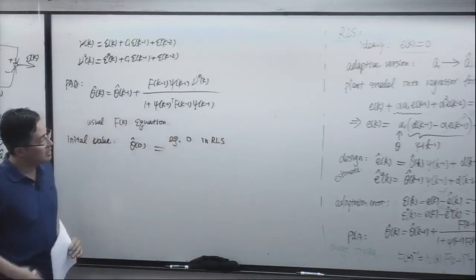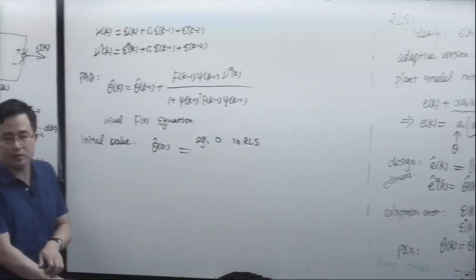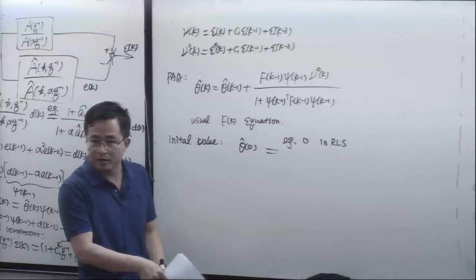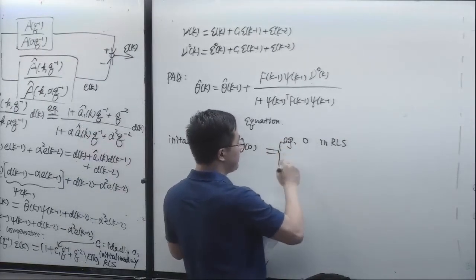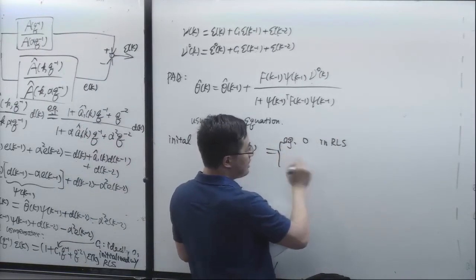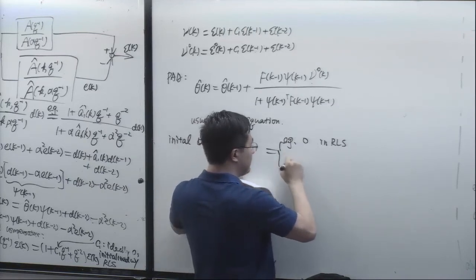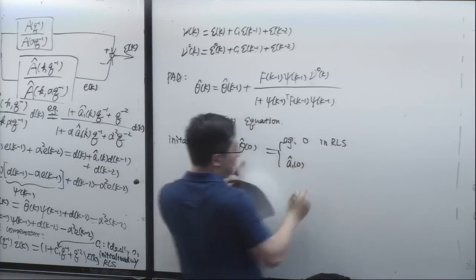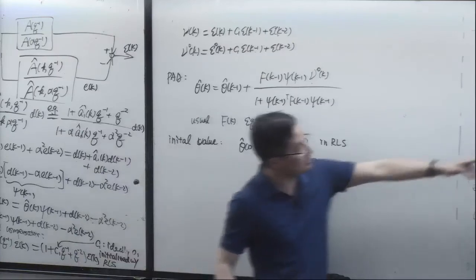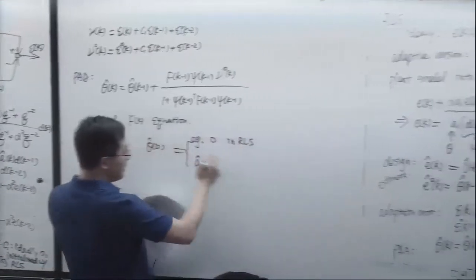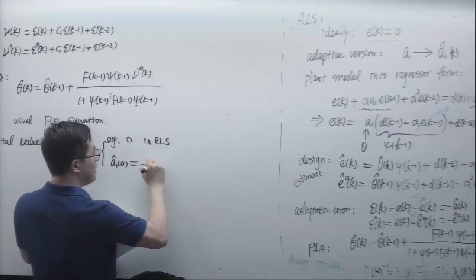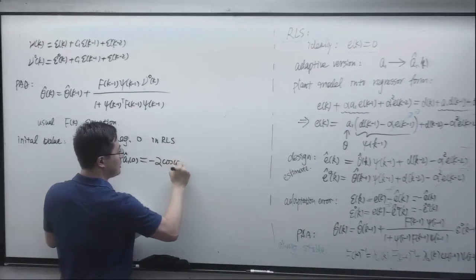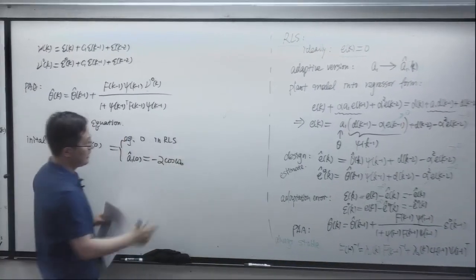But what will usually be more beneficial in practice is to respect the physics. So from the physics aspect, we know that theta is parameter A in here. And for those who noticed what I wrote, A is negative 2 cosine omega 0.